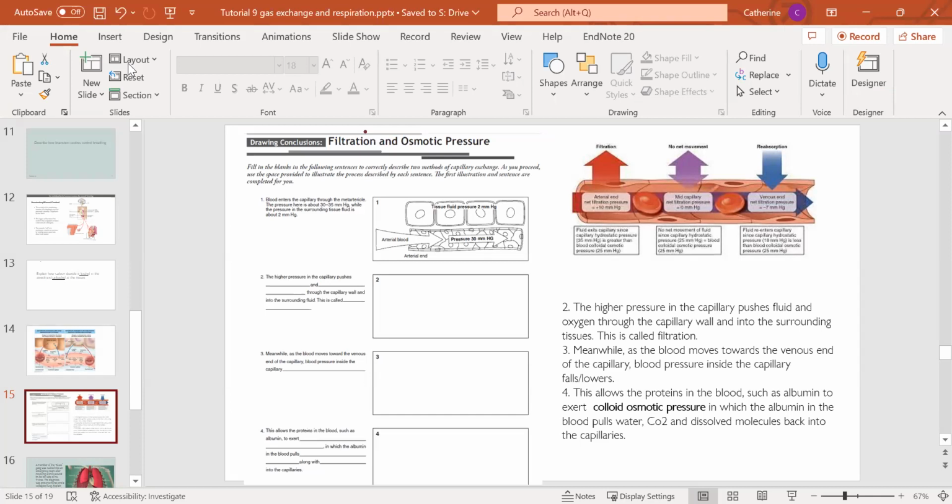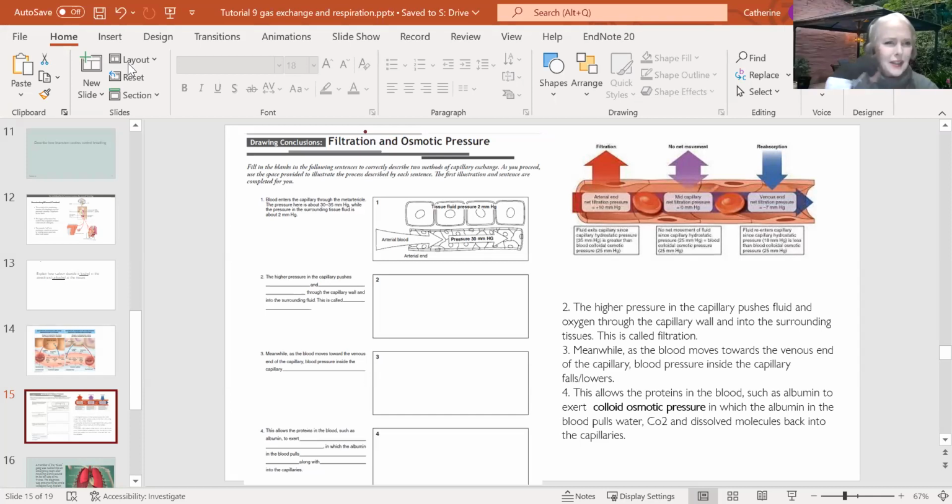Like the tendency of water to move across a membrane to balance the concentrations? Yes, perfect. I'm so glad you said it like that, because it was sciencey, but not too sciencey. So osmosis, not like diffusion, is from an area of low concentration to an area of high concentration, isn't it? Because the water's mission is to go dilute the stuff.